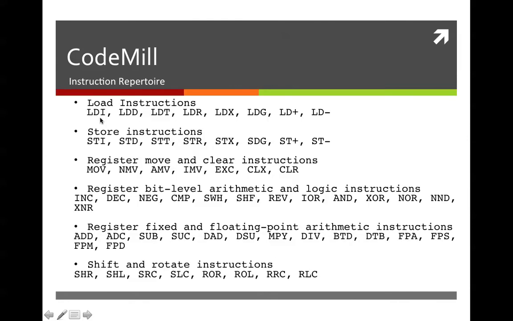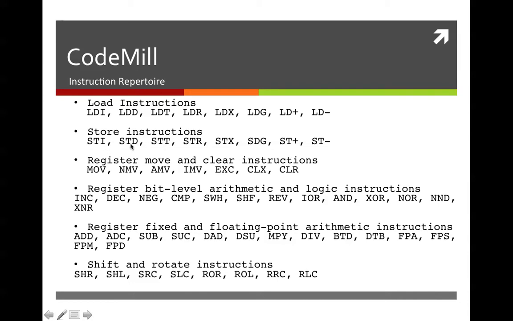So here are some of these instructions, probably most of them here. These are load instructions: immediate load, direct load, indirect load, relative load, index load, register load, auto increment load, auto decrement load, and store instructions the same way: SDI, STD, STT.